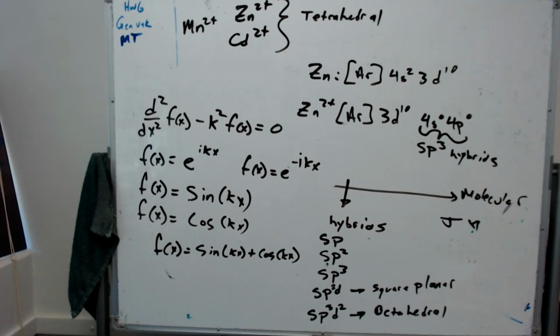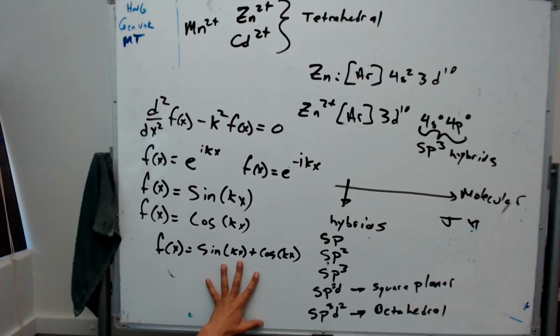What we call a linear combination. Taking the derivative distributes, multiplying by k distributes. So yeah, that would work. It would be like the same thing.